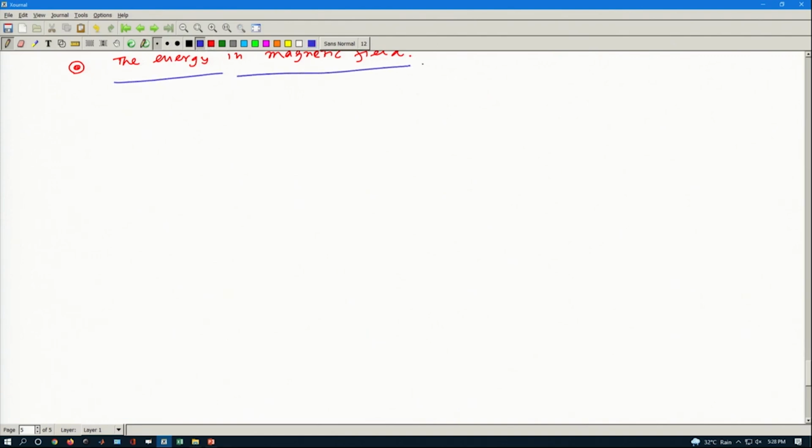We will do it in this way. One can calculate by analyzing the energy balance for an isolated inductor.